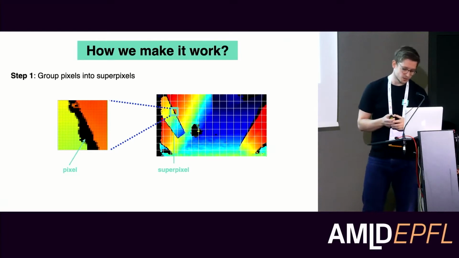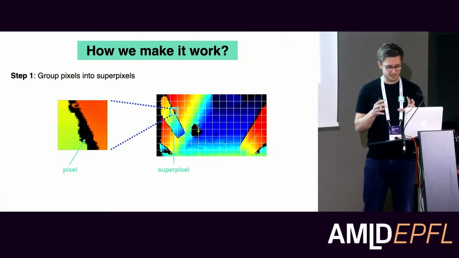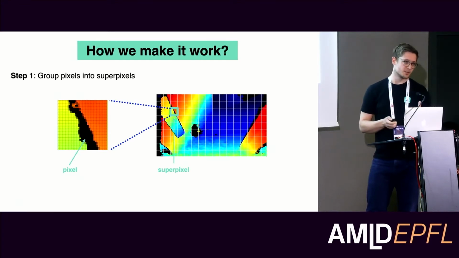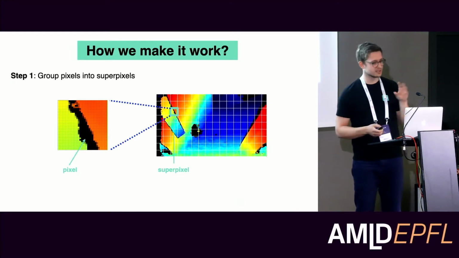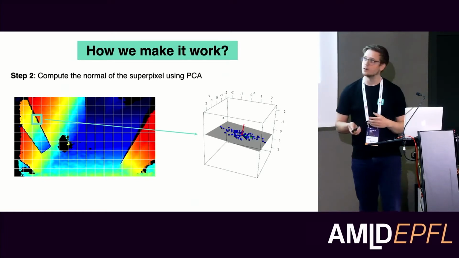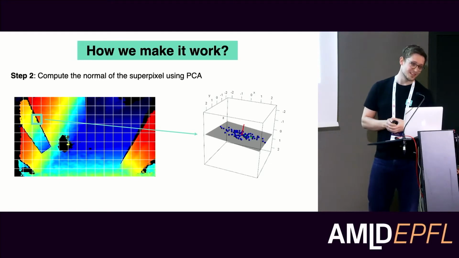I'm going to explain it here on one single input depth image. We first rasterize the input depth image into a group of superpixels, where each superpixel represents another group of pixels. We then take those superpixels and compute the normal on top of that plane using a technique called PCA, or principal component analysis.